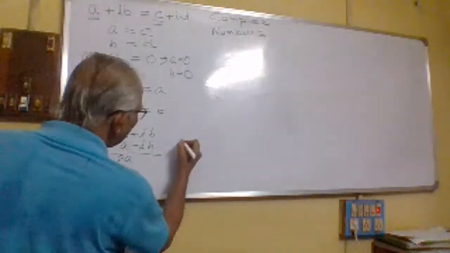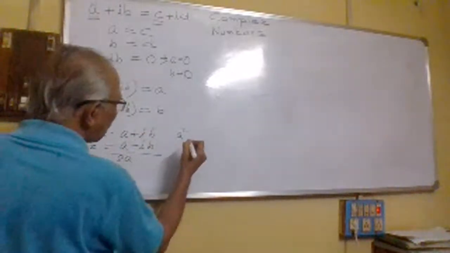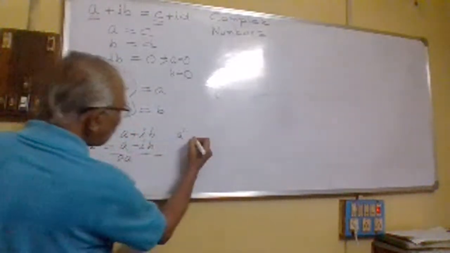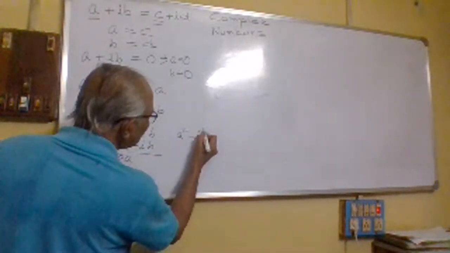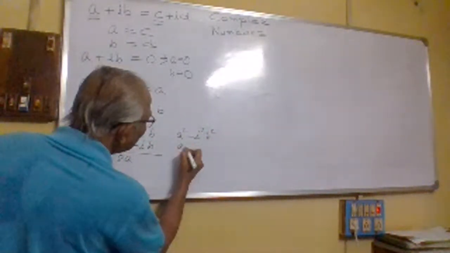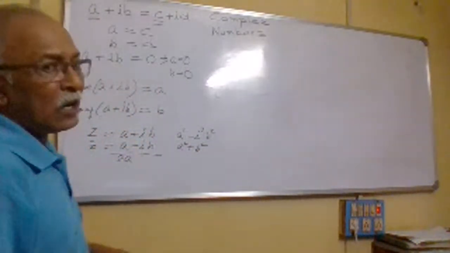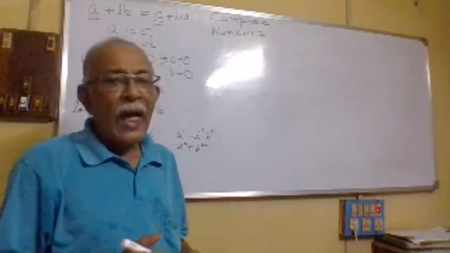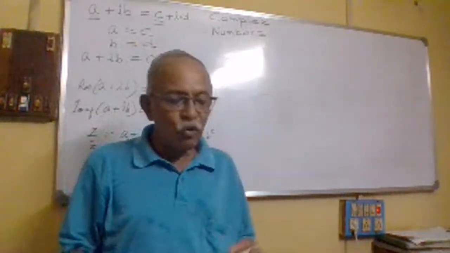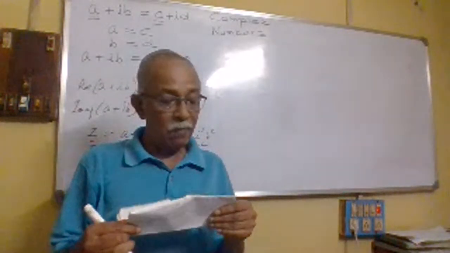Their product will be a square minus i square b square, and i square is minus 1. Hence it becomes a square plus b square. It's also a real number. The sum and product of two conjugate complex numbers is a real number.